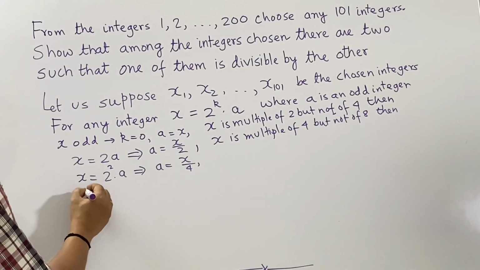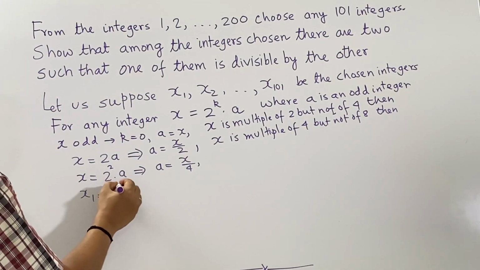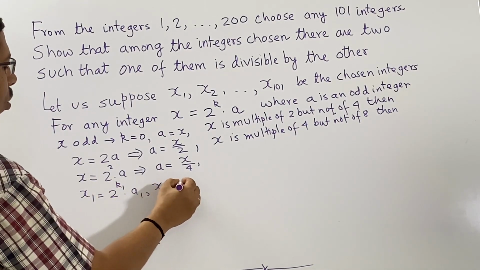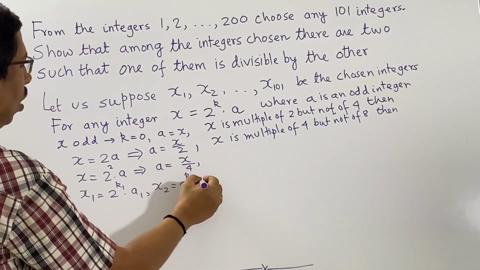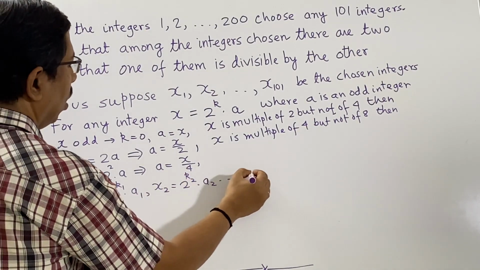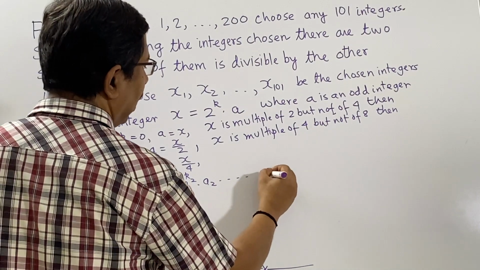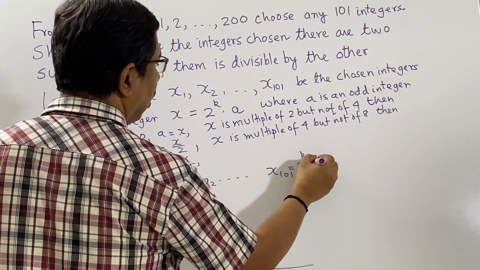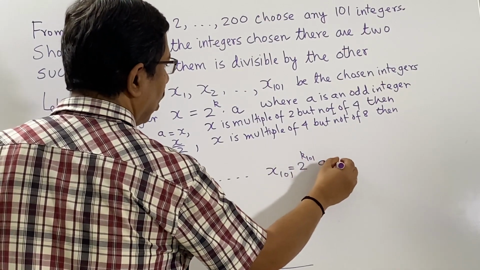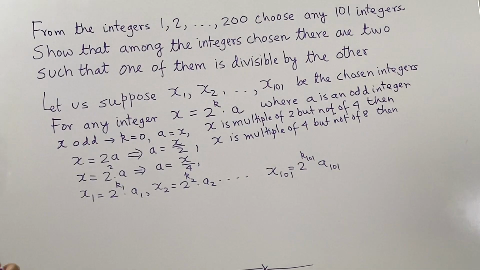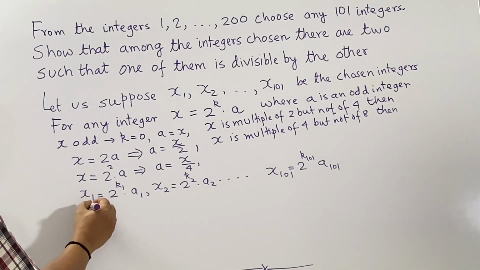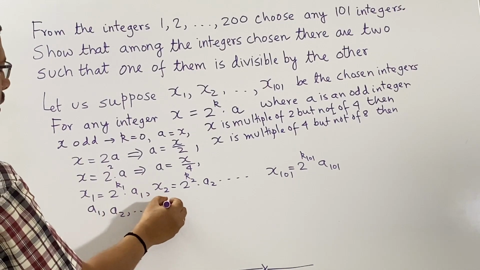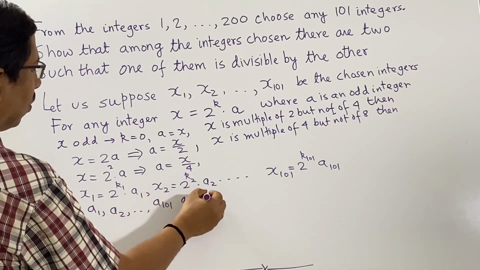So we get x1 is equal to 2 to the power k1 into a1, x2 is 2 to the power k2 into a2, and so on, x101 is 2 to the power k101 into a101. Now note that all these integers a1, a2, ..., a101 are odd integers.